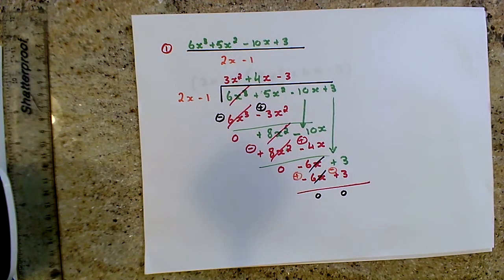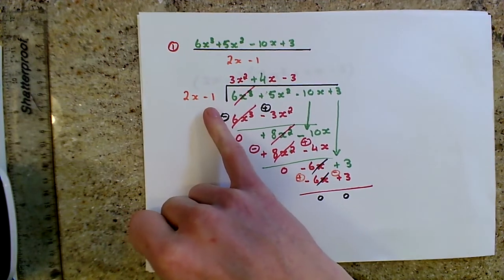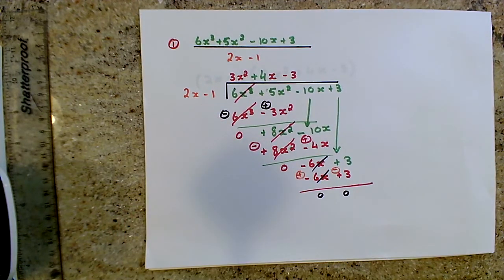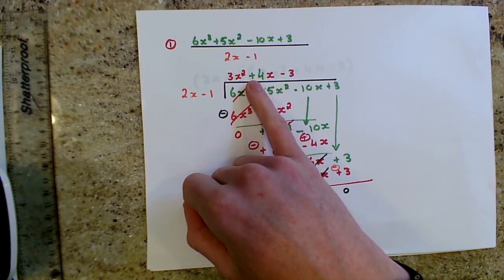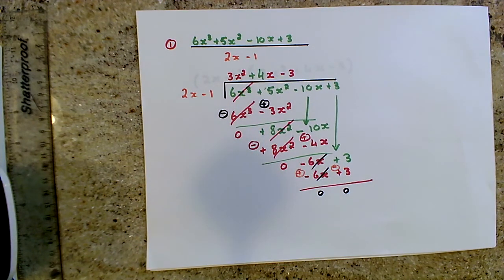Okay, so our algebraic long division here is completed. There's nothing further we can do with this, but I want to show you now sort of what it implies to be a factor. And I've established that 2x minus 1 is a factor, and as a result of my calculations here, I can also say that 3x squared plus 4x minus 3 is a factor of this expression.